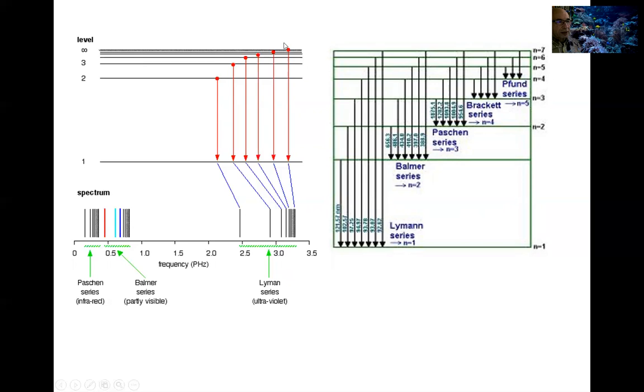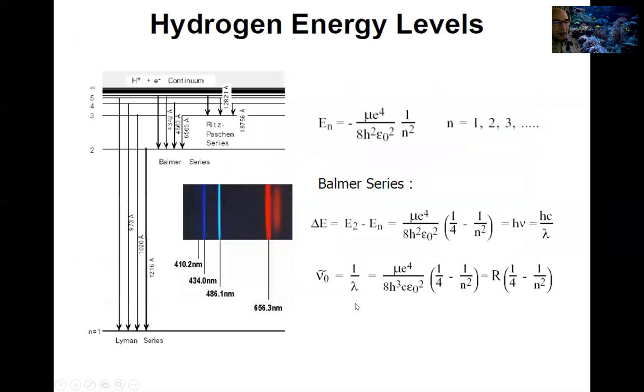These are famous spectra which have the Paschen, Balmer, Lyman, and other series, which correspond to transitions between these quantized states down to the ground state. This also supported Bohr's model of hydrogen and other atoms.